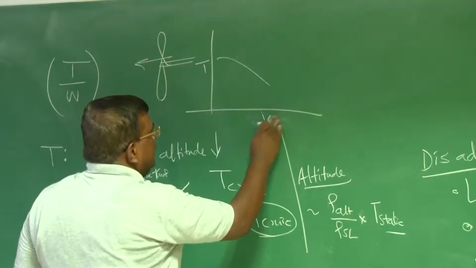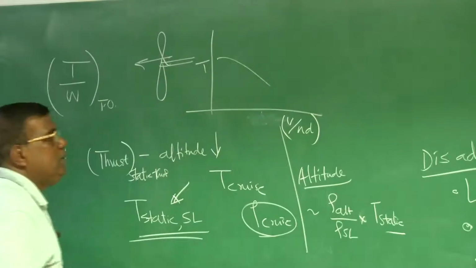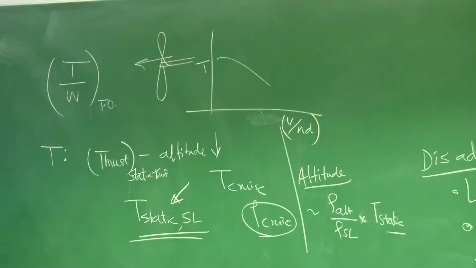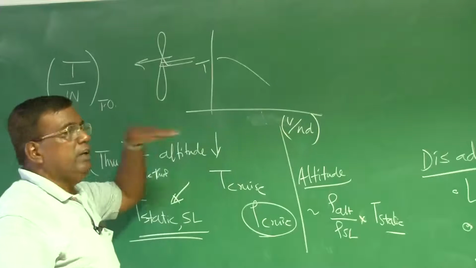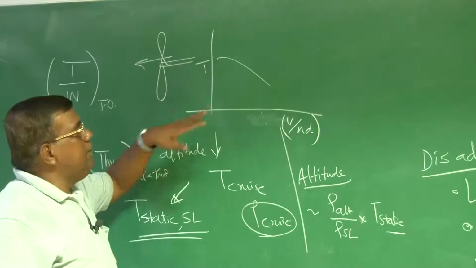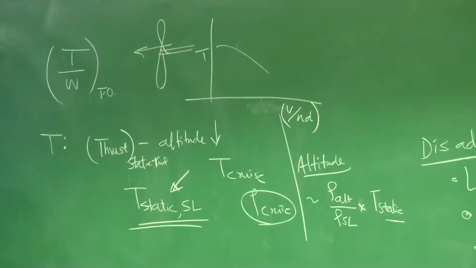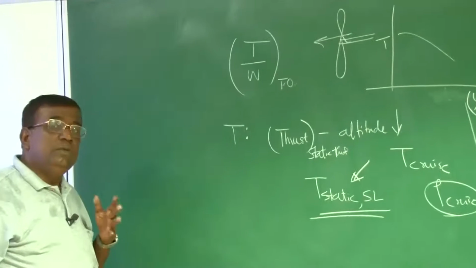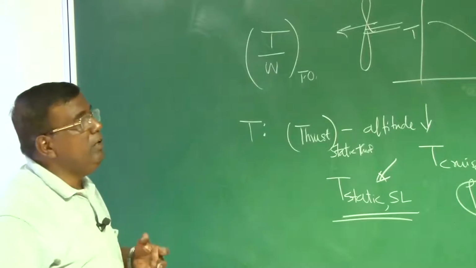In fact, if you see the propeller driven engine, this is V by Nd, the advance ratio. So what is the RPM, what is the diameter of the propeller, what is the speed? In general, you can say the thrust available from a propeller driven engine, the dynamic thrust, drops. It's always less than the static thrust. So I need to know what the dynamic thrust available during the operation is.